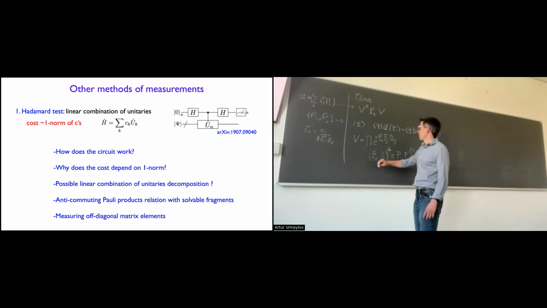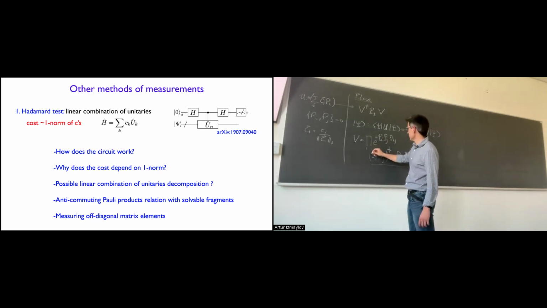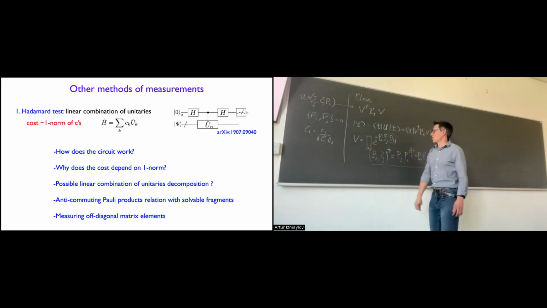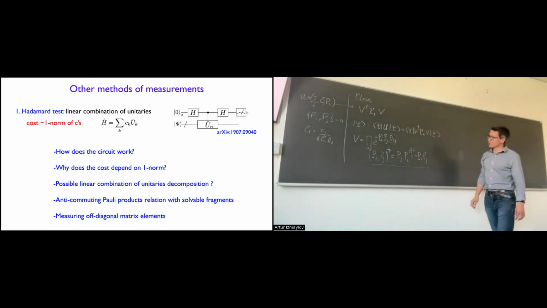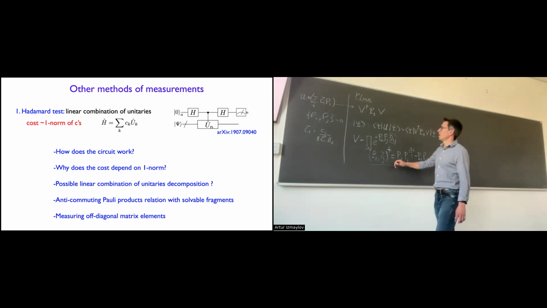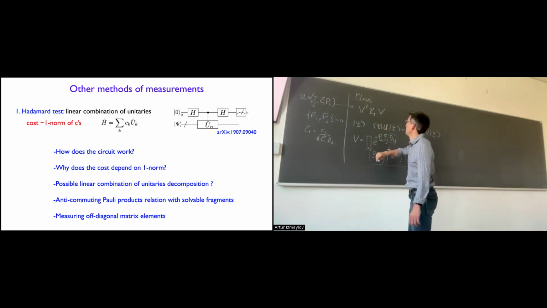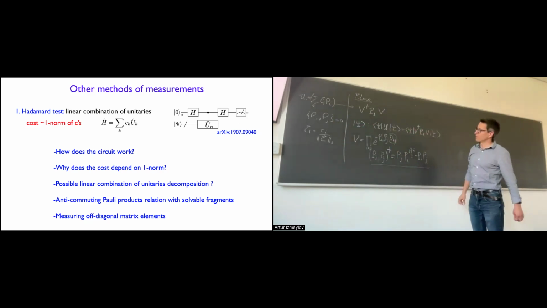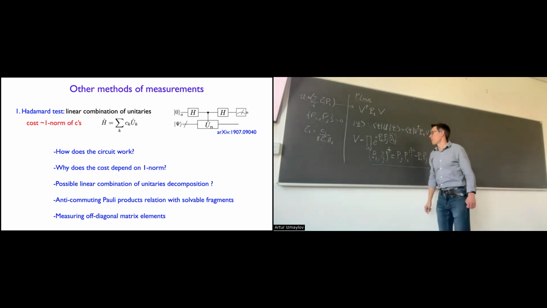And so we could always construct such unitaries that will take a single Pauli. Depending on which Pauli you take out of this anti-commuting set, you will get different angles.